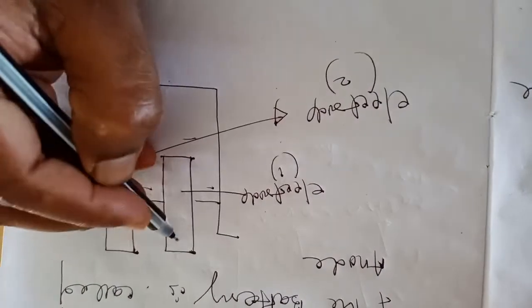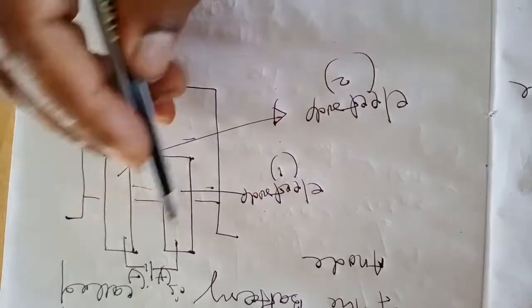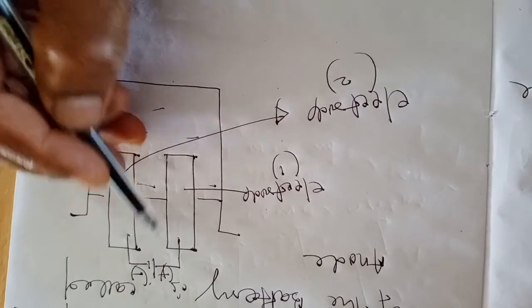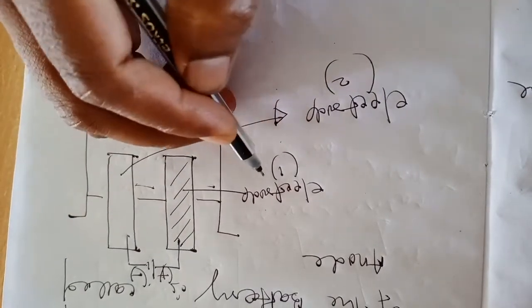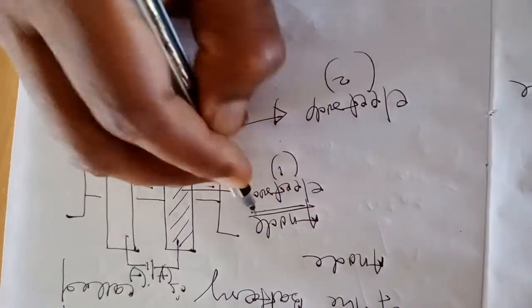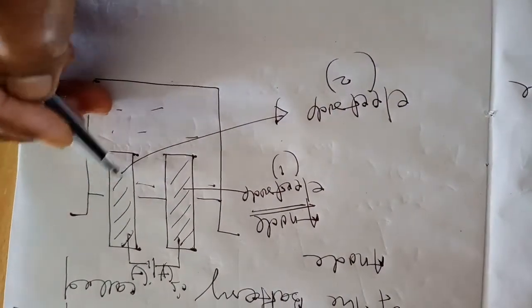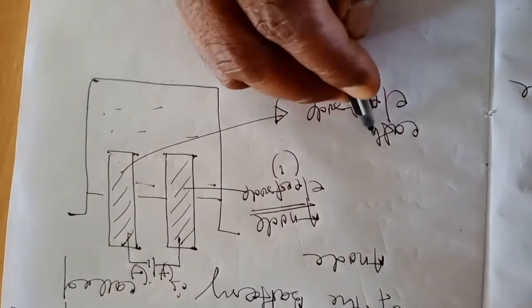Suppose this electrode is connected to the positive pole of the battery. Suppose this is positive, this is negative. So when this electrode is connected to the positive pole of the battery, it is called the anode. When the other electrode is connected to the negative pole of the battery, it is called the cathode.